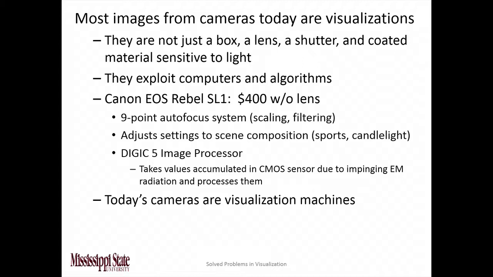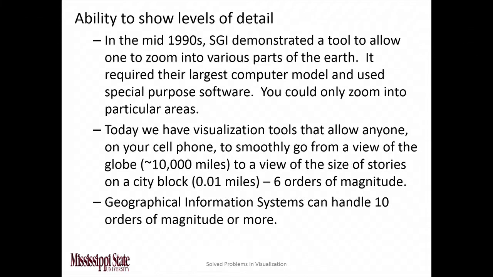Well, it takes values, i.e. invisible data in one way, that are accumulated in a CMOS sensor due to impinging electromagnetic radiation, and processes them. If you go back to that original definition, it takes data, it processes them, and it creates an image. So in one way, I think we can argue that today's cameras are really visualization machines.